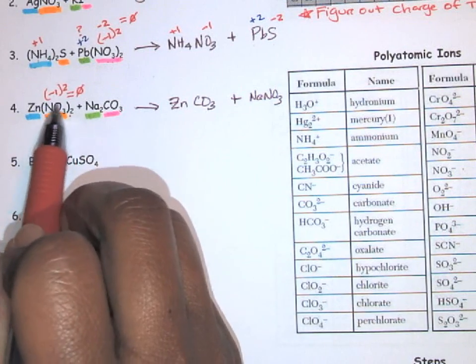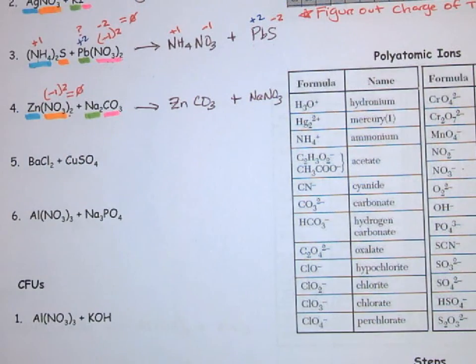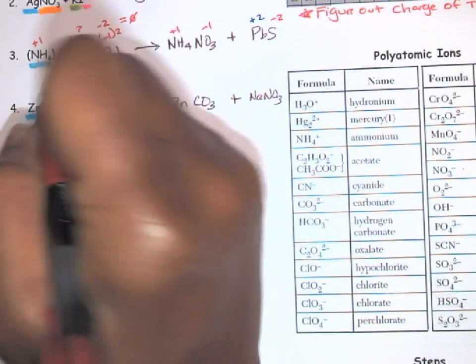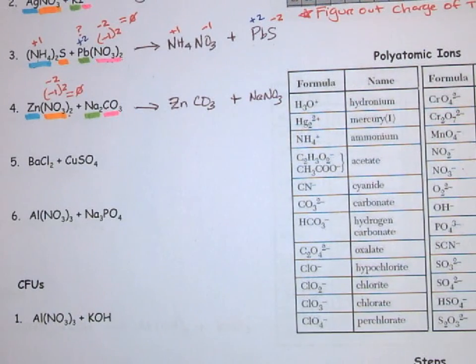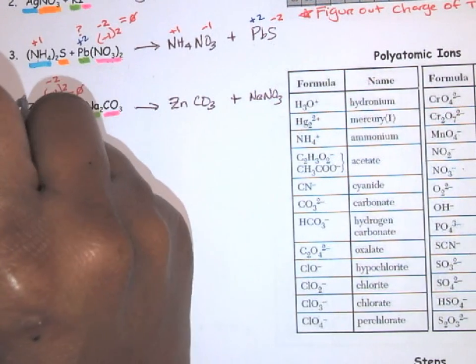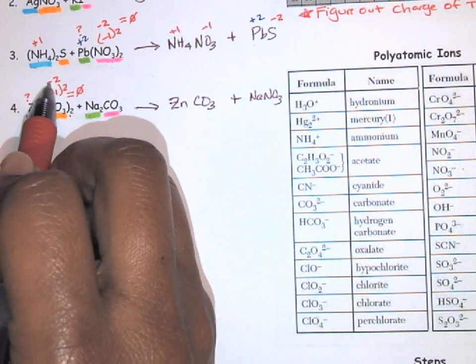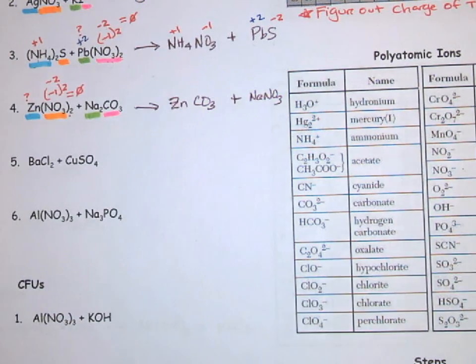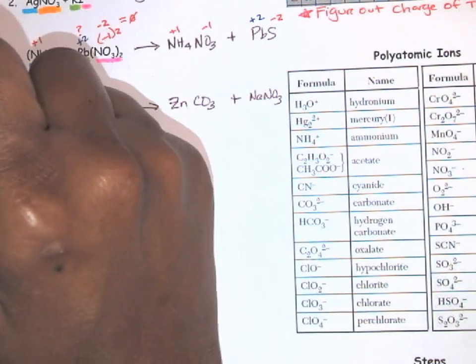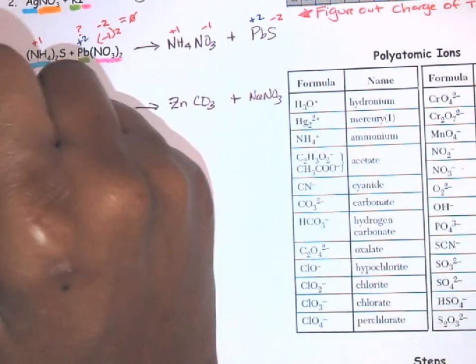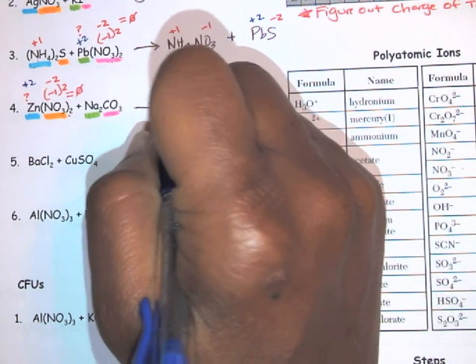So that means the overall charge from the anion is going to be -2. So now I need to figure out, what must the charge of zinc be? What plus -2 will give me 0? And since I have only 1 zinc, the answer will be +2. So I know that the charge on the zinc is going to be +2.